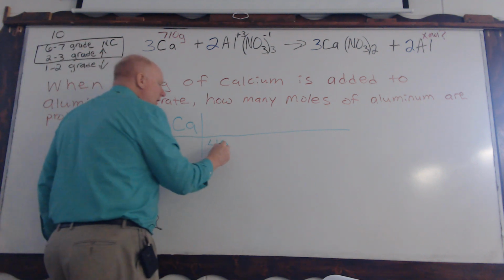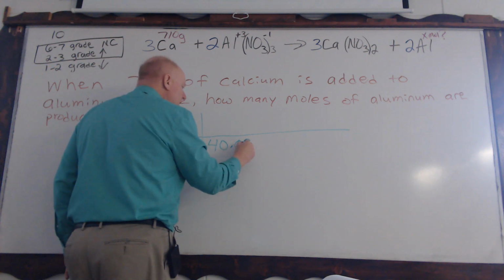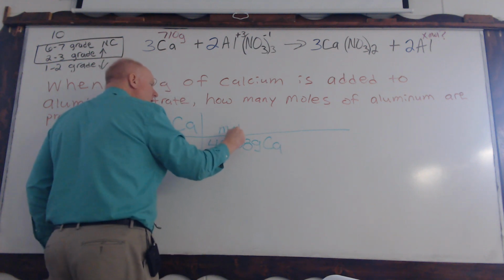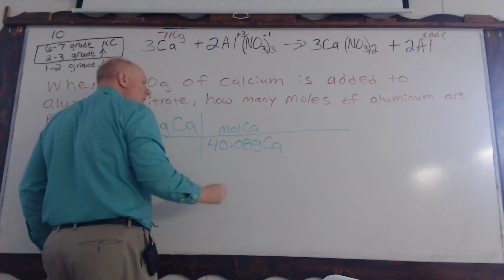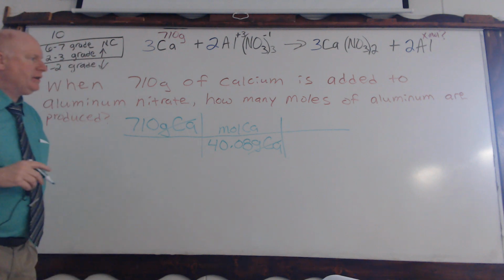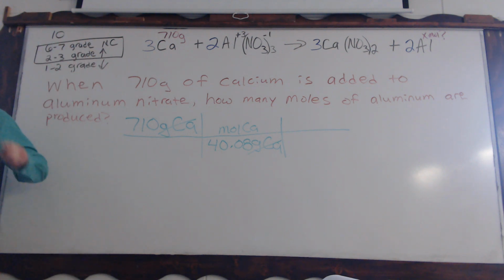Okay, actually I think it's 40.08 grams of calcium, and you get a mole of calcium. Okay, so now we're in moles of calcium, and now we can get to the other side of the equation like we want and have to do.